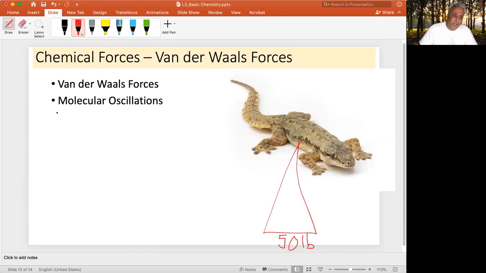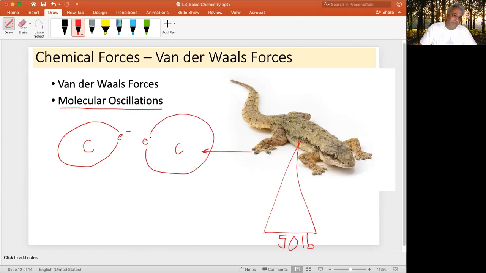Well, as it tells you here, these are oscillations. So if you have a carbon atom here that's part of the ceiling, it's got electrons going around it, right? Sometimes the electrons are on this side, and a fraction of a second later, the electrons are over there. And then you have, say, another carbon here that belongs to the skin of the gecko, and it also has electrons whizzing around like that.